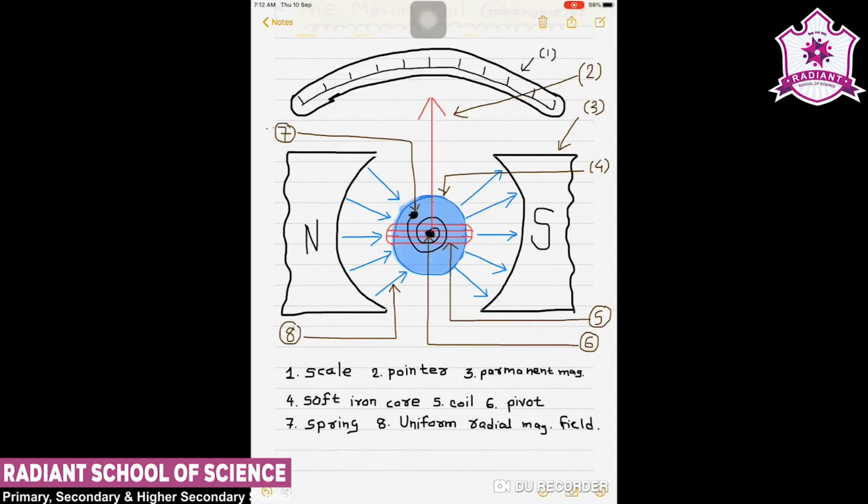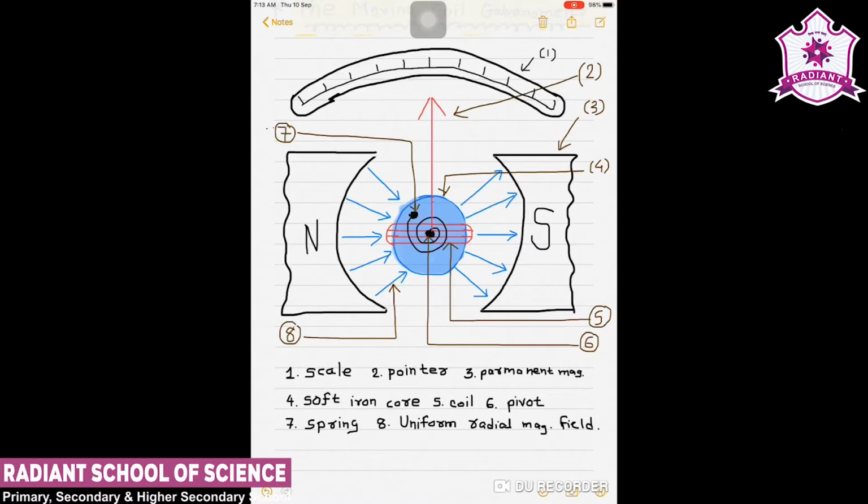This coil has many turns. It is free to rotate about a fixed axis, called a pivot. That point number 6 in the above figure is the pivoted part, a very small base on which this coil is free to move.